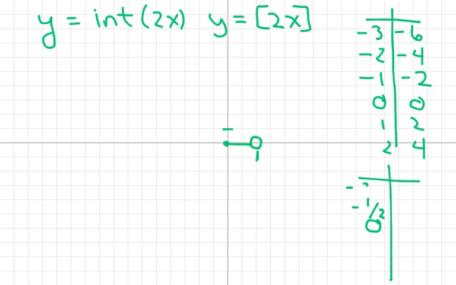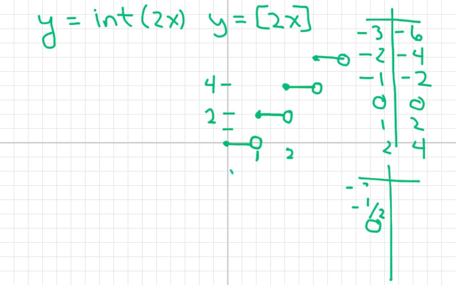So let's say this is 1 and this is 2. And then once you get to 2, it jumps up to 4. And so forth.